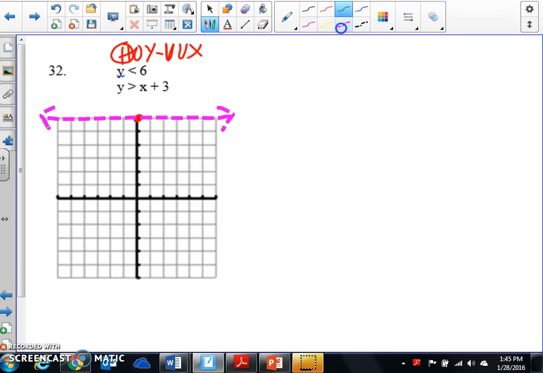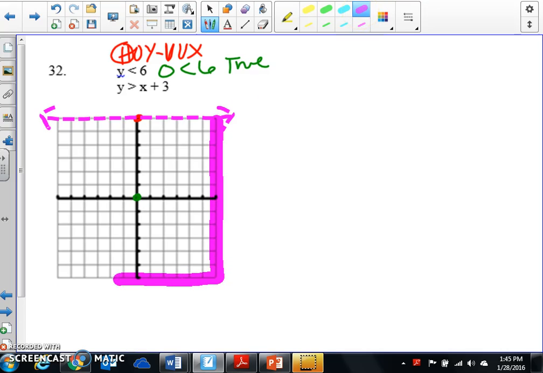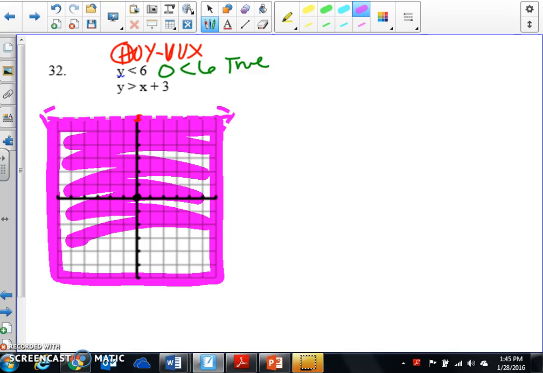I use the point 0, 0 as my test. So is 0 less than 6? That's true. I'll go ahead and just use purple since I used purple. All right, this entire graph, it's a lot of highlighting.